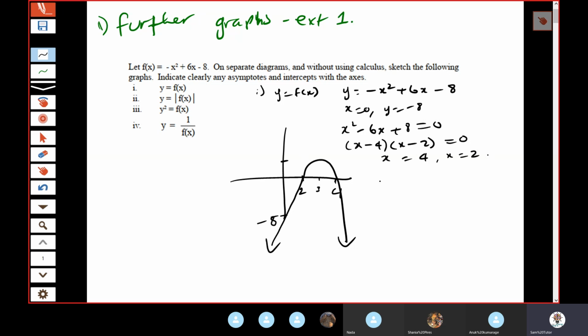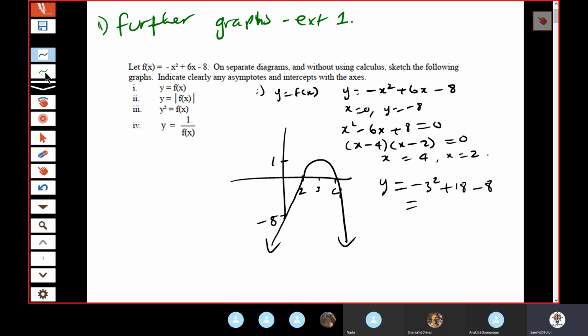So y equals negative 3 squared plus 6 times 3, 18, minus 8: negative 9 minus 8 plus 18 gives you 1. The reason that's important is because we're going to transform. If that wasn't 1, then your y values are going to change as well when you square root them or find reciprocals or whatever it is.